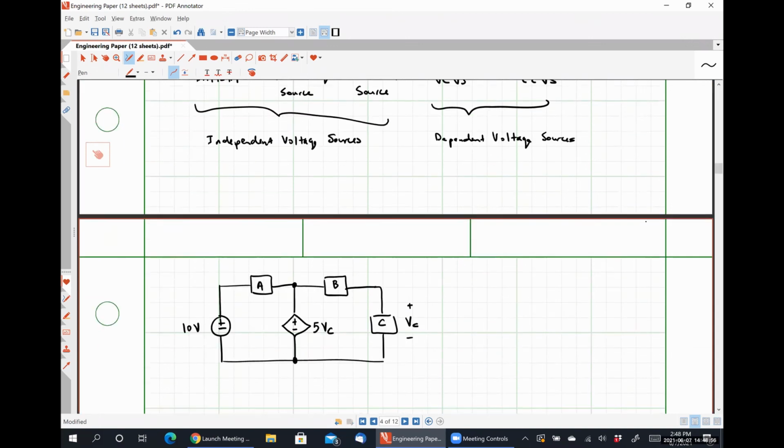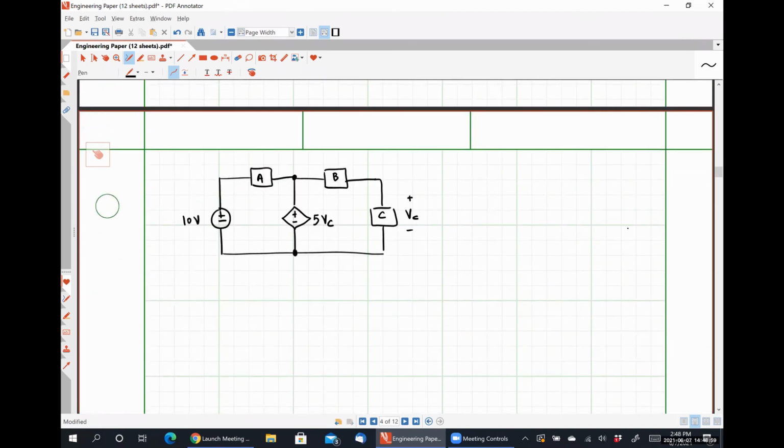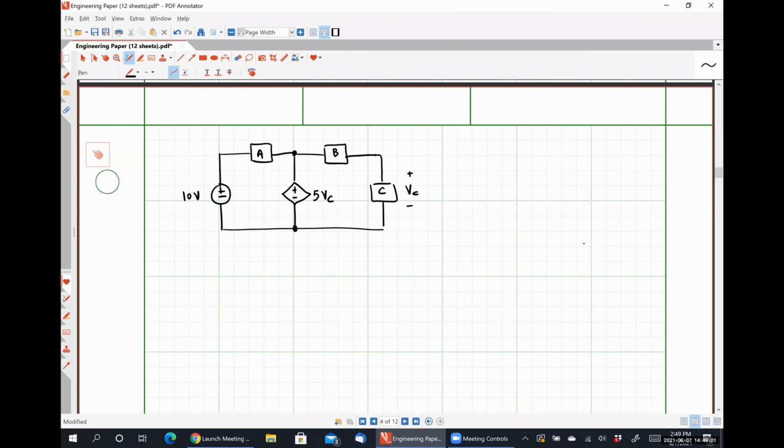And a current controlled voltage source might be something like this. So let's say that we have practically the same circuit. I'm getting a little bit ahead of myself here because we haven't talked about current yet.